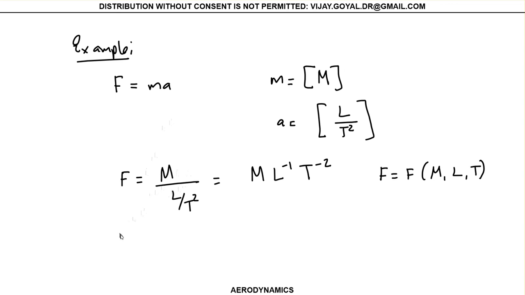Let me use another example. In this example, let's suppose we are working with a shear force, and the shear force is viscosity times my velocity times the gradient. So in this particular problem, I'm going to have the following.